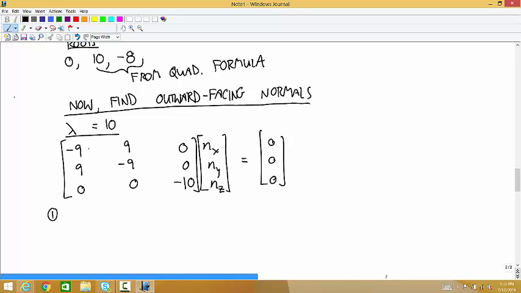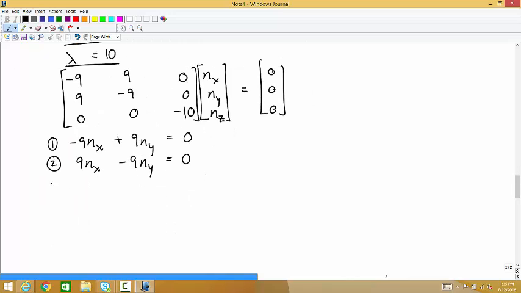And so we get a first equation that says negative 9nx plus 9ny is equal to 0. A second equation that says positive 9nx minus 9ny is equal to 0. And a third equation that says negative 10nz is equal to 0. These two are redundant. That's just a single equation that says nx is equal to ny.